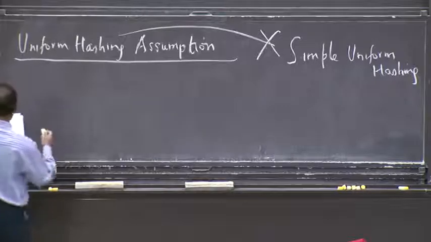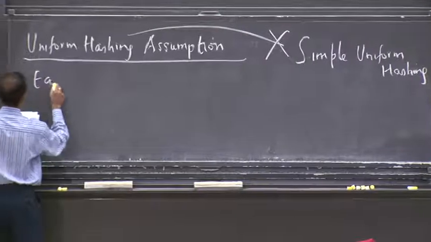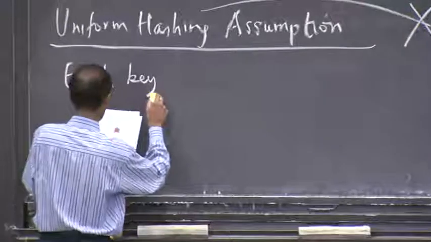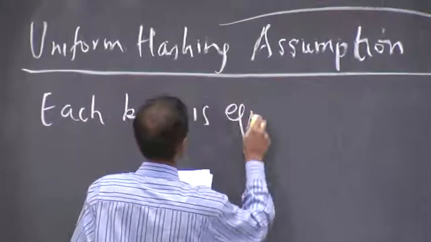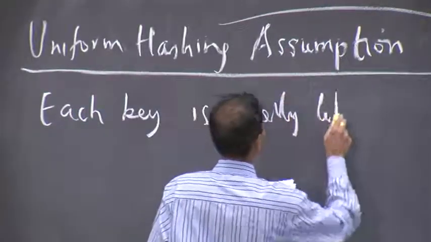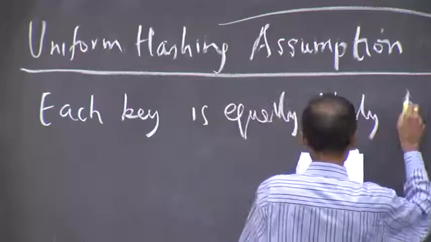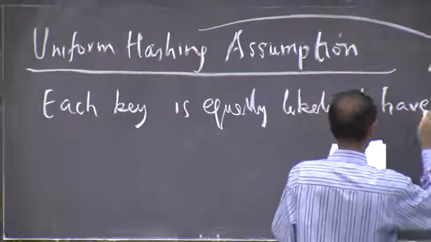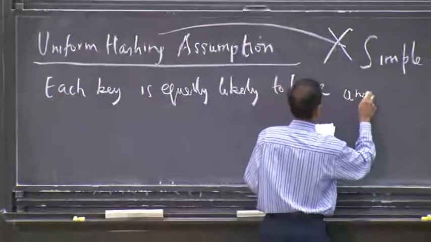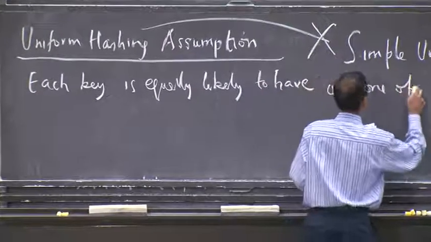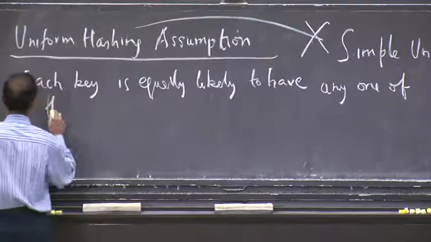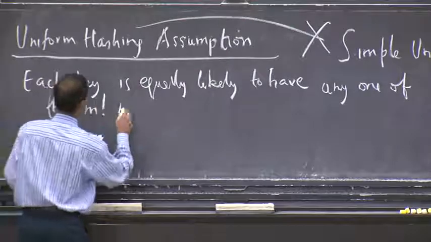The uniform hashing assumption says each key is equally likely to have any one of the m factorial permutations.